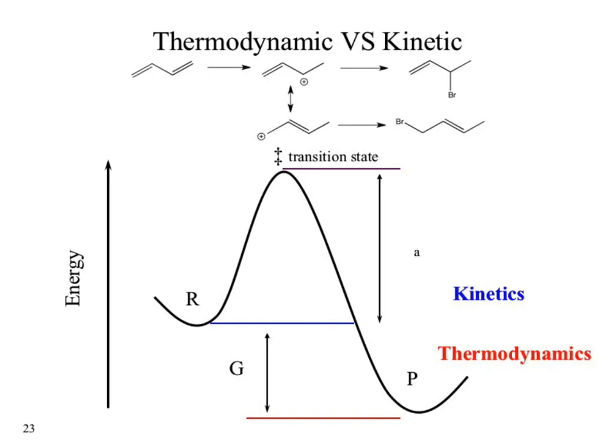and the thermodynamics, the part between the reactants and products. Depending on the conditions of your reaction, you can have a reaction that favors a kinetic product, or you can have a reaction that favors a thermodynamic product. Which one do you think is going to form first, a kinetic product or a thermodynamic product? Kinetic, because kinetics is all about activation energy.